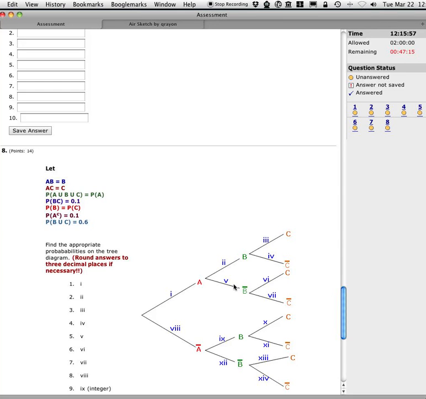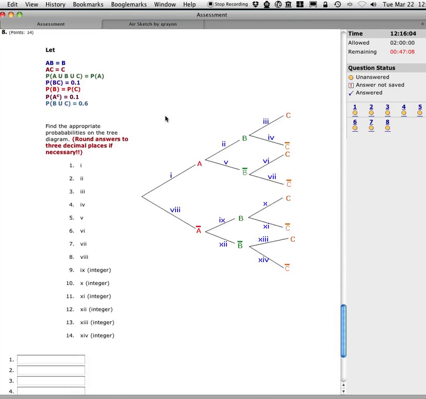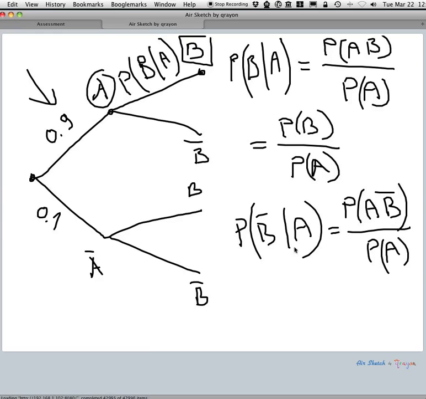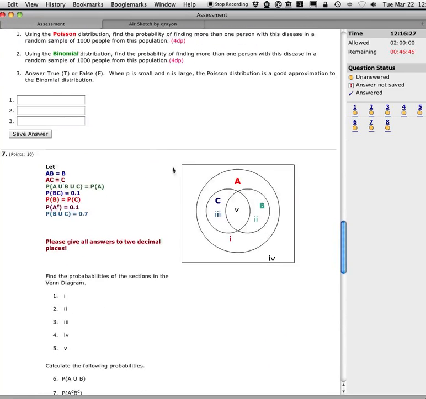Now, what's the intersection of A and the complement of B? Sorry, I was writing here that the probability of the complement of B given A is the probability of the intersection of A and the complement of B over the probability of A. Now, what's this probability? Well, let's go back to the Venn diagram that can help in this case.